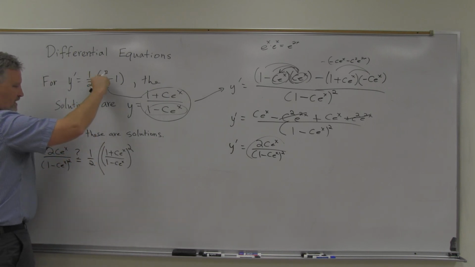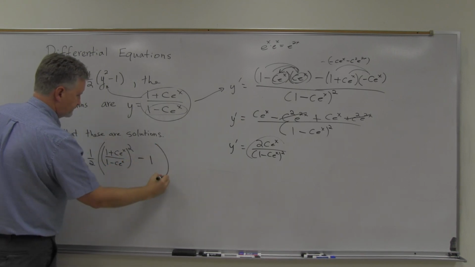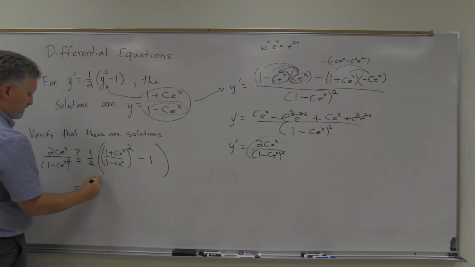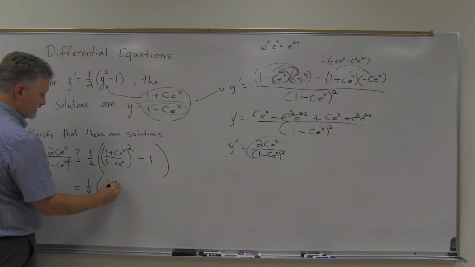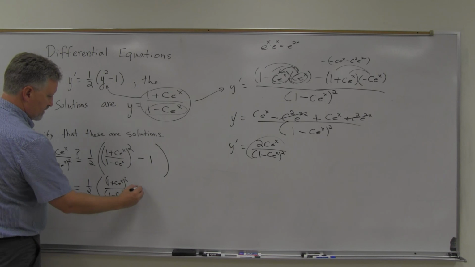So that y, I've got a square, and then subtract 1. Let's work on this side first. We've got 1/2, not much we can do here. We've got 1/2, 1 plus c e to the x over 1 minus c e to the x, that's squared, minus 1.